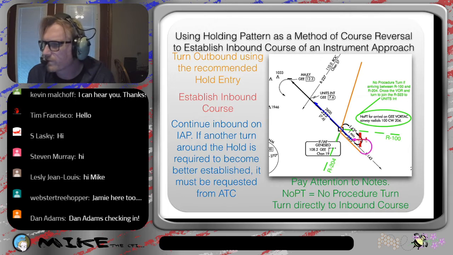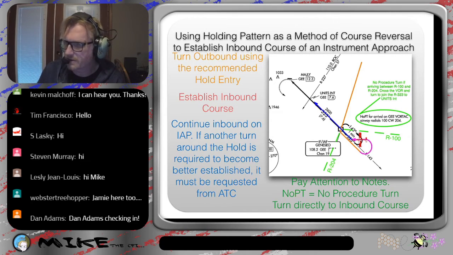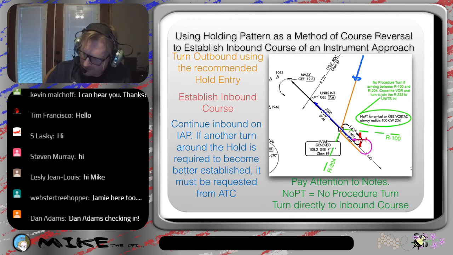So what we want to do is, relative to the direction that we are approaching the VOR, so assuming that we're coming inbound from this direction, you always want to make sure you look at the notes here. And here it says no PT, which stands for no procedure turn, is authorized for arrival on the VORTAC radials 100 clockwise to 204.